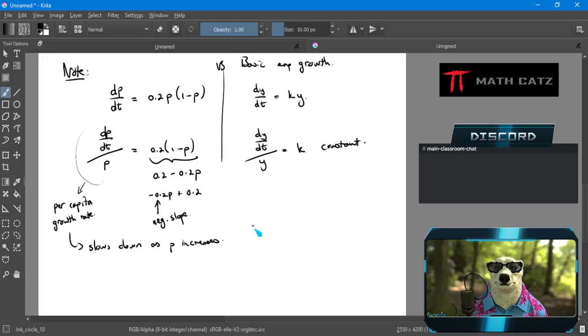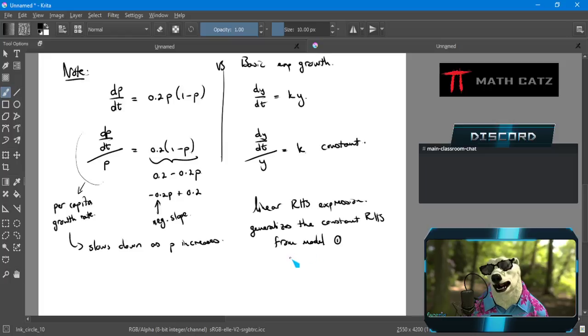So it's a little bit more general. My linear right-hand side expression generalizes the constant right-hand side from model 1.